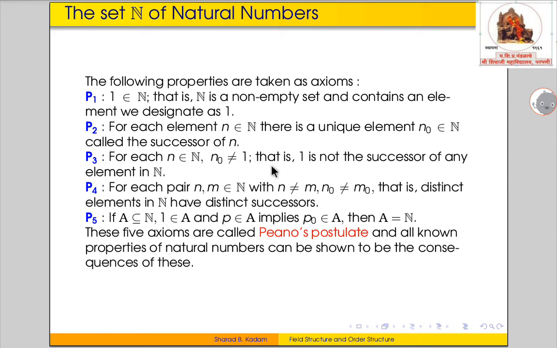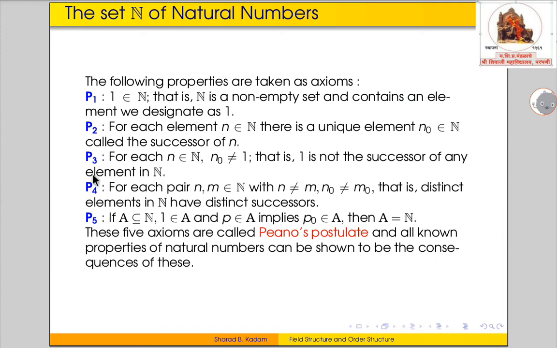That means 1 is not the successor of any element in the set of natural numbers. That means 1 is the least element. Here least means smallest, so 1 is the smallest element in the set of natural numbers.